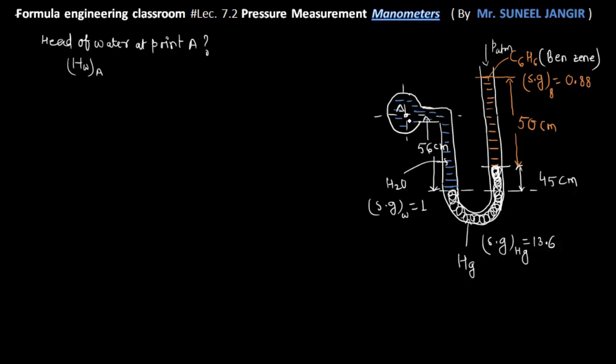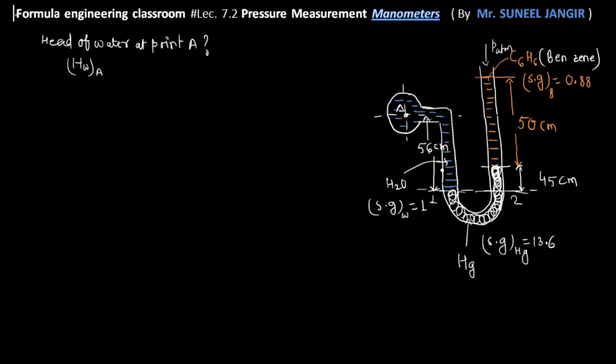Okay. So to solve this type of problem, first of all, we are considering a level here, and we are marking this as 1 and this as 2. Now obviously, as we discussed Pascal's law and hydrostatic law, according to hydrostatic law, we can say that at the points 1 and 2 at the same depth here, according to Pascal's law, the pressure at the point 1 and the pressure at the point 2 will be the same.